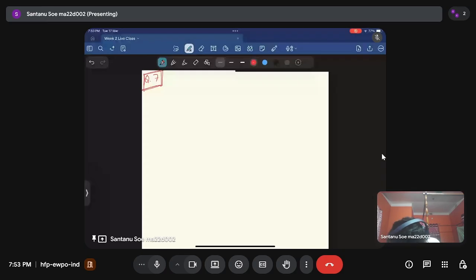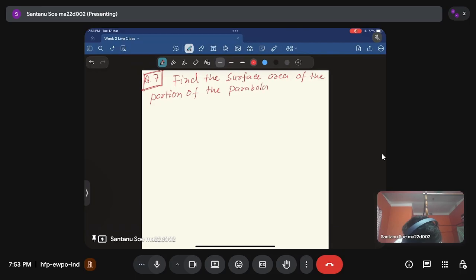Find the surface area of the portion of the paraboloid z equals 2 minus x square minus y square that lies above the xy plane.